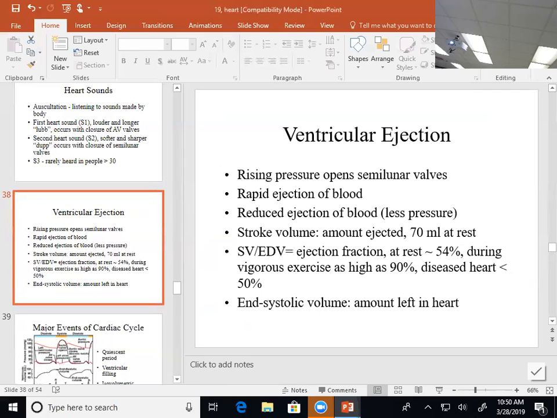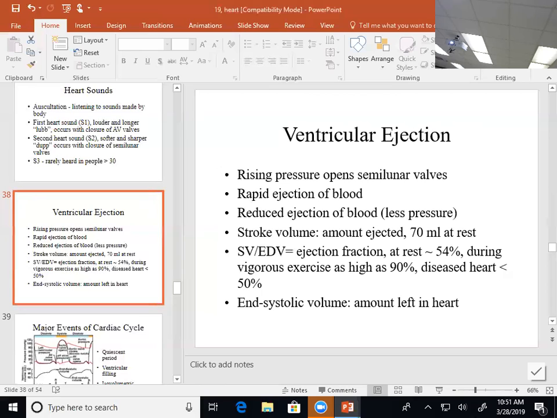Now, in an average sized adult, do bigger people have bigger hearts? They do. Little bitty people have smaller little hearts. But on average, stroke volume in a healthy heart is about 70 milliliters.